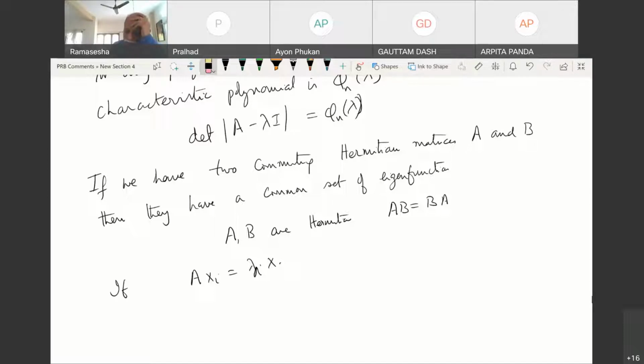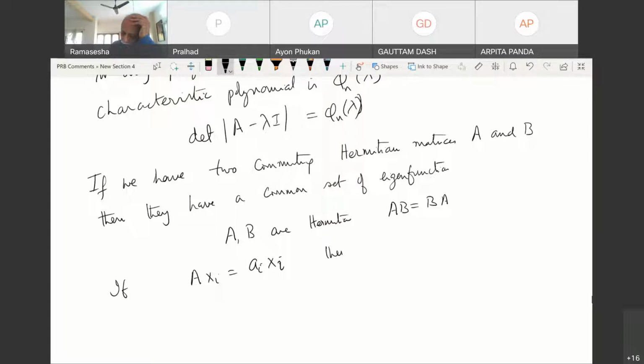Let me call the eigenvalues a_i for A, A xi equals a_i xi, and B xi will be b_i xi.